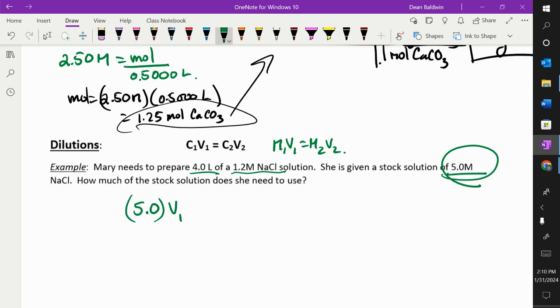V1 is what we're trying to find out. How much do I take out of that solution to put into the other solution? Okay. The other solution needs to have M2, a concentration of 1.2 molar, and a volume of 4 liters. So what do I do to get the volume?